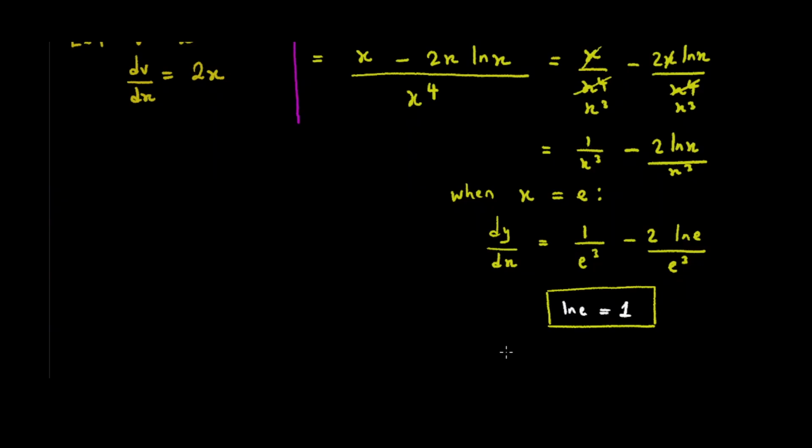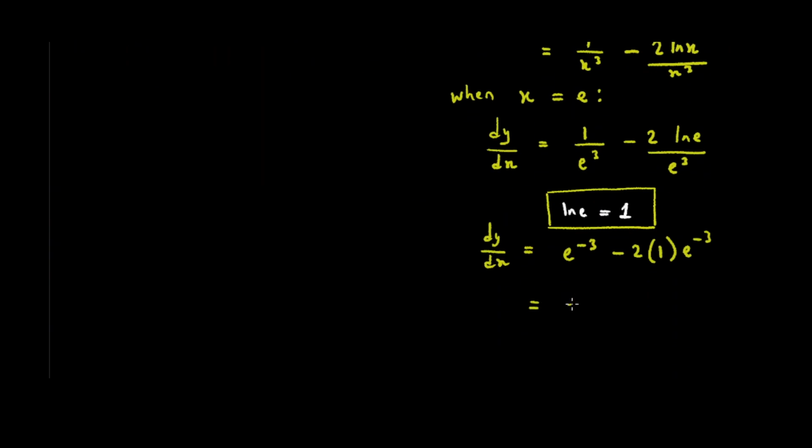That's how it is. So here dy dx is equal to 1 over e to the 3, which is usually written as e to the negative 3, then minus 2 times 1, since ln e is 1, times e to the negative 3, like that. So this will be equal to e to the negative 3 minus 2e to the negative 3.